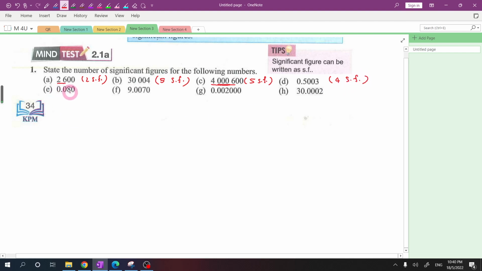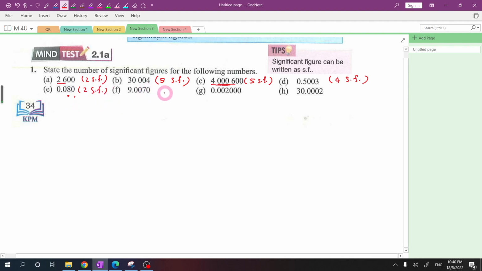How about this one? These two are not significant figures. Start counting from the first non-zero digit, which is 8. And the zeros at the end of a decimal are significant figures, 2. So we have 2 significant figures.